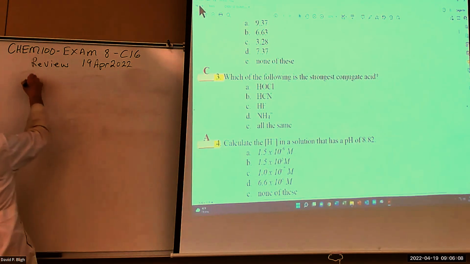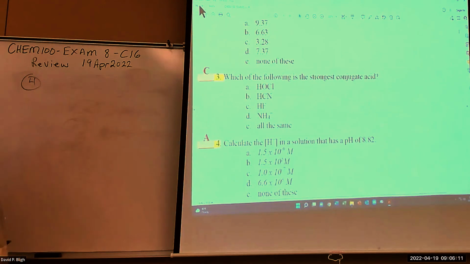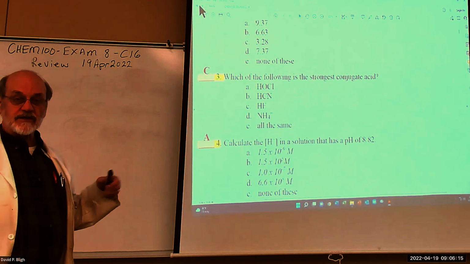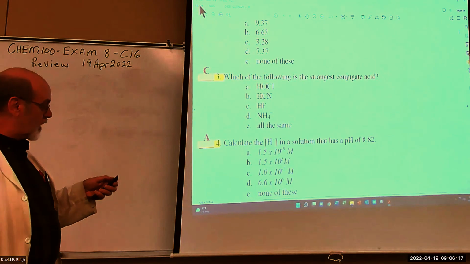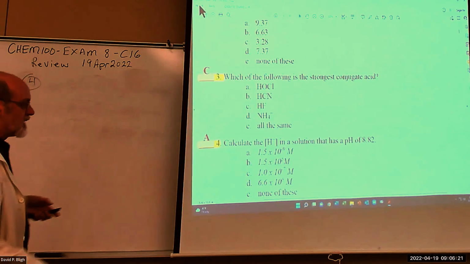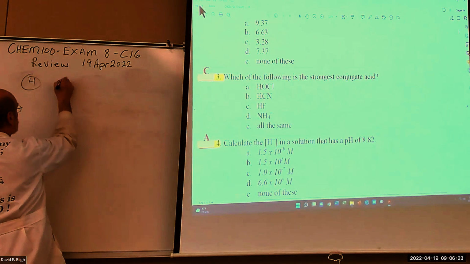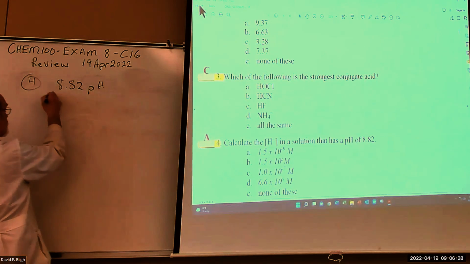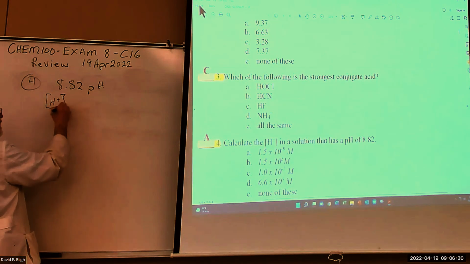About number 4, calculate the hydrogen ion concentration at equilibrium, notice the square brackets, in a solution that has a pH of 8.82. And the question is, what is this?